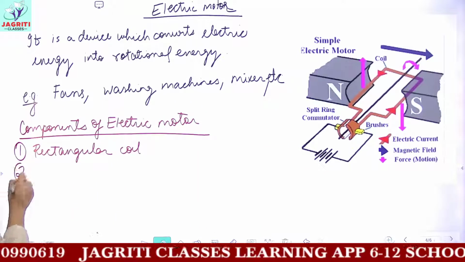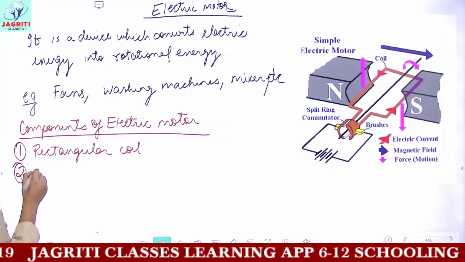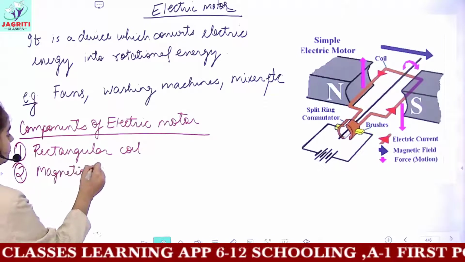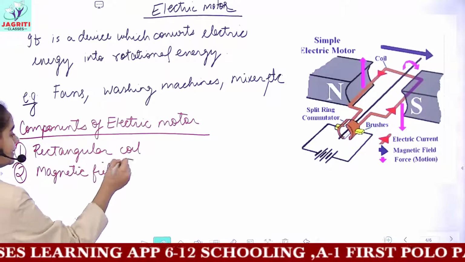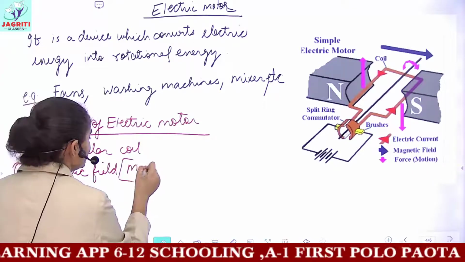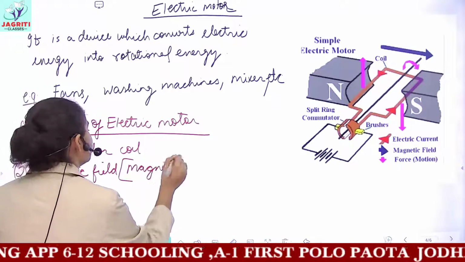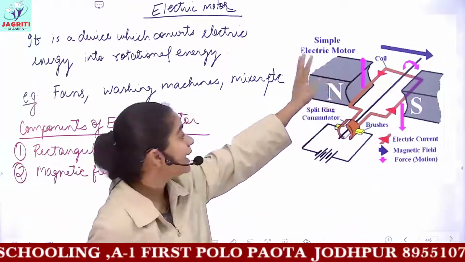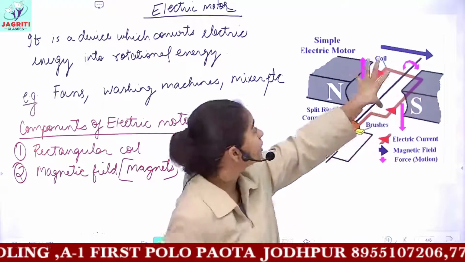The next component is the magnets, which provide the magnetic field. You have two magnets, one with its north pole and the other with its south pole towards this coil.